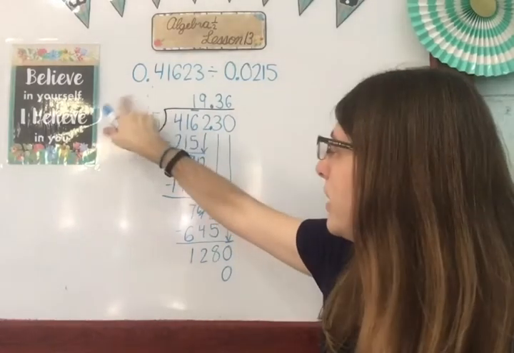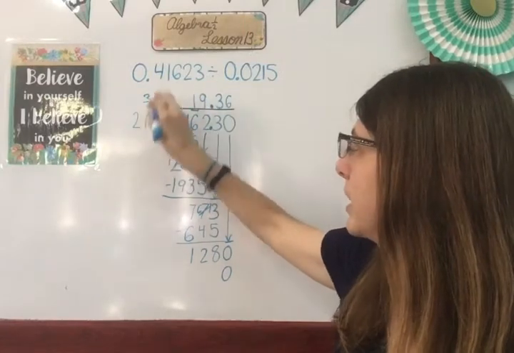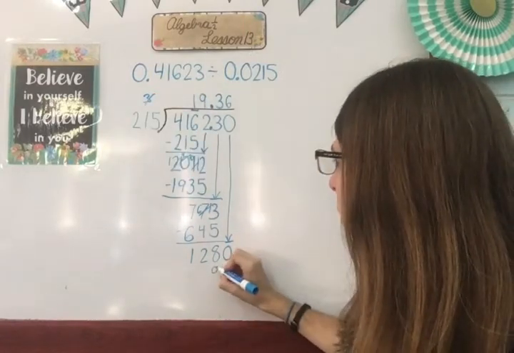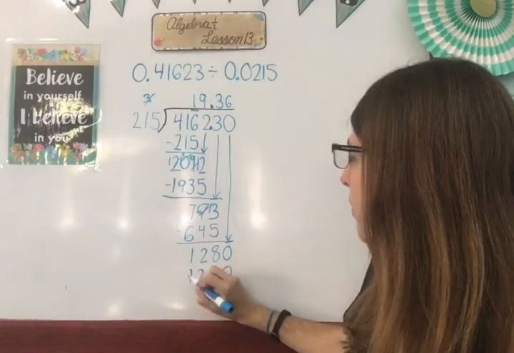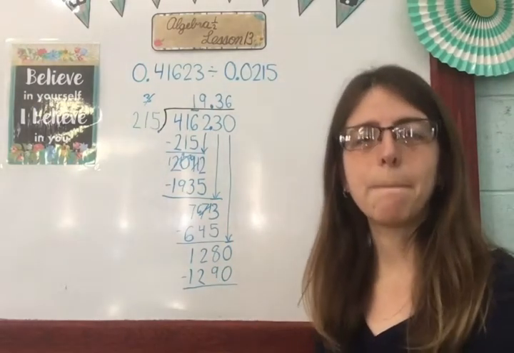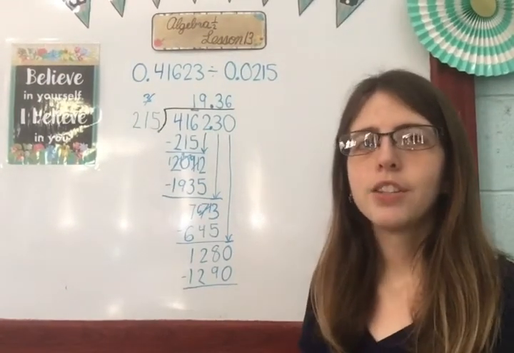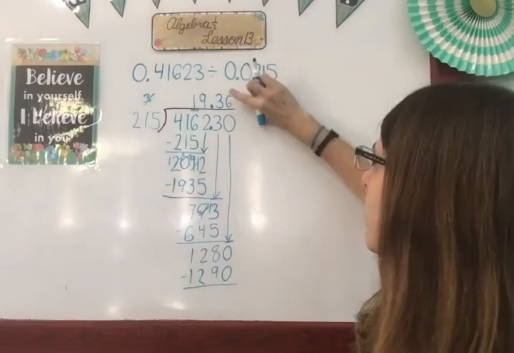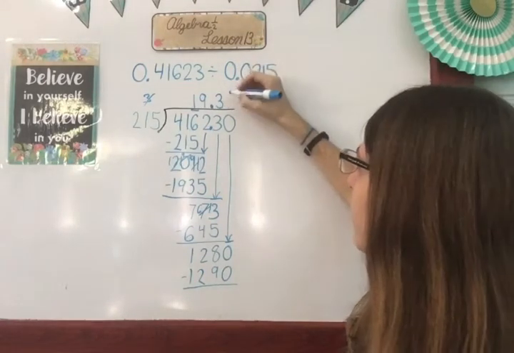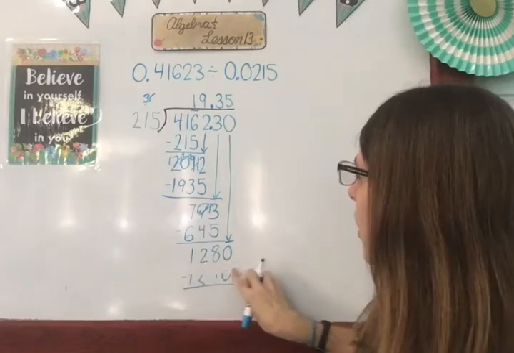I'm going to erase these numbers up here so I have more room. 6 times 1 is 6, plus 3 is 9. 6 times 2 is 12. Uh-oh, I can't subtract because this one is bigger. So what I have to do is go back up and try again with a smaller number. I'm really close, so I'm only going to go down 1 to 5.